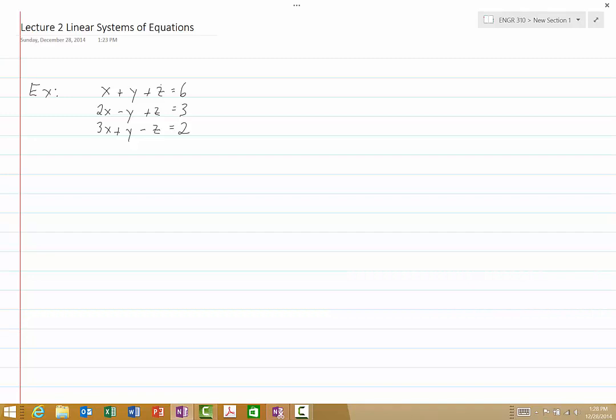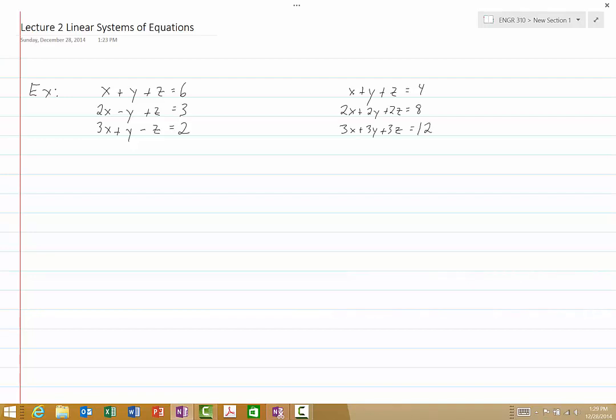hope. Now, just because you have 3 equations and 3 unknowns, that does not guarantee that you can solve it. Let me give you a quick counterexample of that idea. Suppose we had x plus y plus z is equal to 4, 2x plus 2y plus 2z is equal to 8, and 3x plus 3y plus 3z is equal to 12.